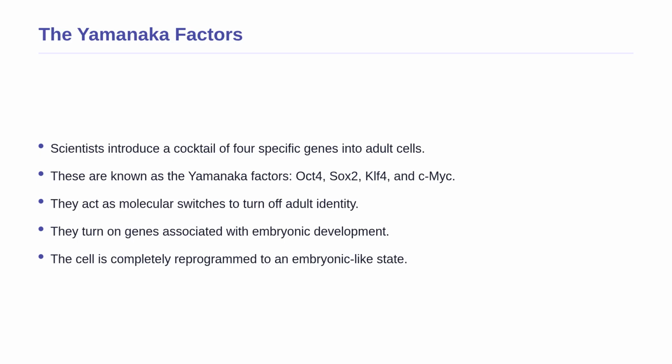When introduced, they actively turn off the genes associated with the adult cell's specific identity, like being a skin cell. Simultaneously, they turn on the genes associated with embryonic development. By forcing the expression of these specific genes, the adult cell is completely reprogrammed, losing its previous identity and reverting to a highly adaptable, embryonic-like state.